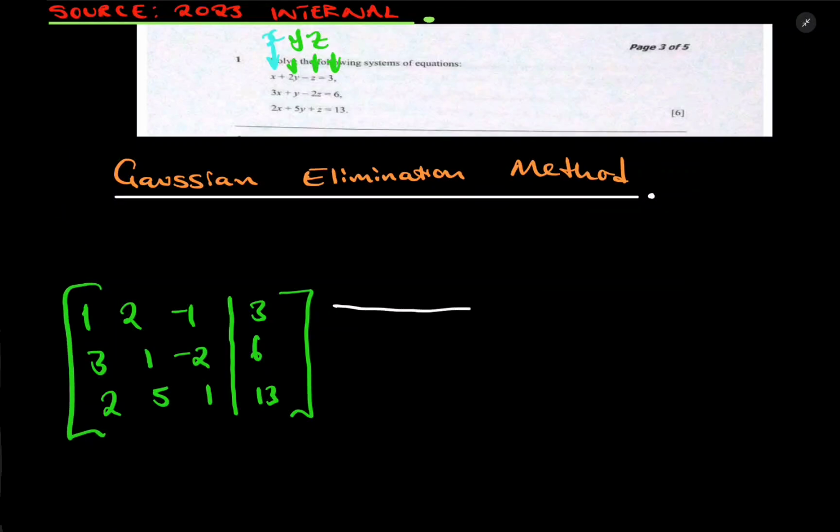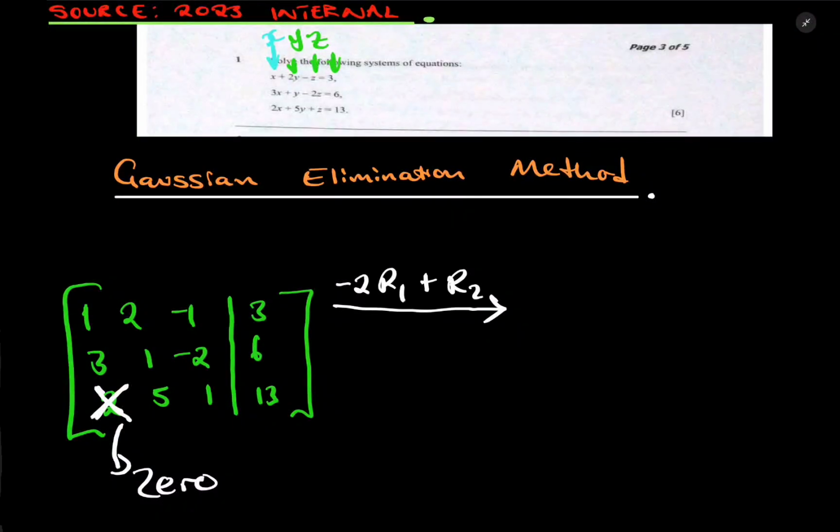So we are going to draw something that looks like an arrow to show us how we are transforming from one stage to another. Then we are going to focus on this particular position of an element. We are going to eliminate this particular element and turn it into a 0. So let's focus on 2. To transform 2, we just need to say -2 times Row 1 plus Row 2.